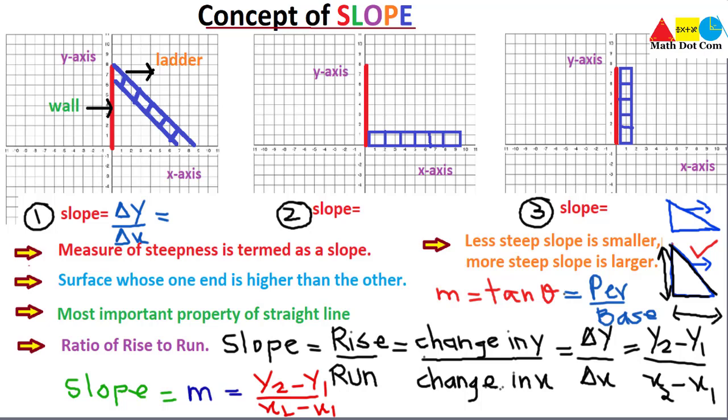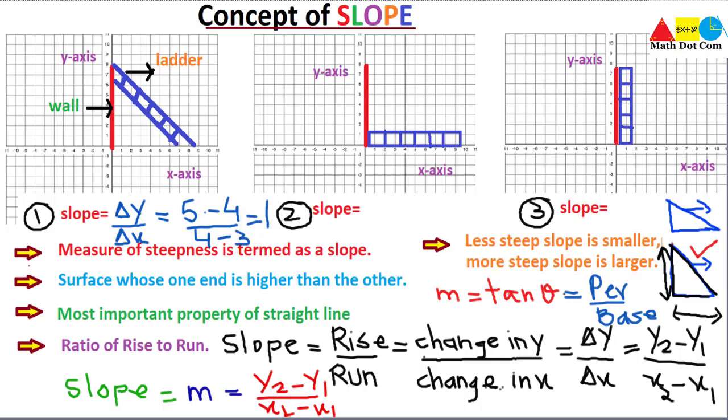Keep this in mind, that the slope of all the points on this line will be the same, whatever point you take. So for example, if I say y2 is 5 and y1 is 4, and x2 is 4, and x1 is 3, what we will get is 1.